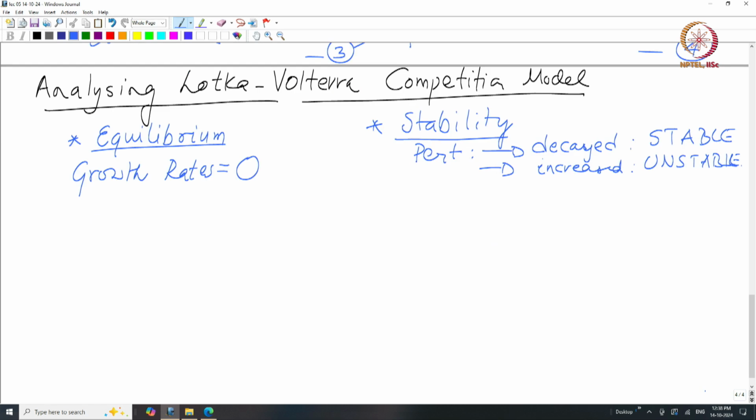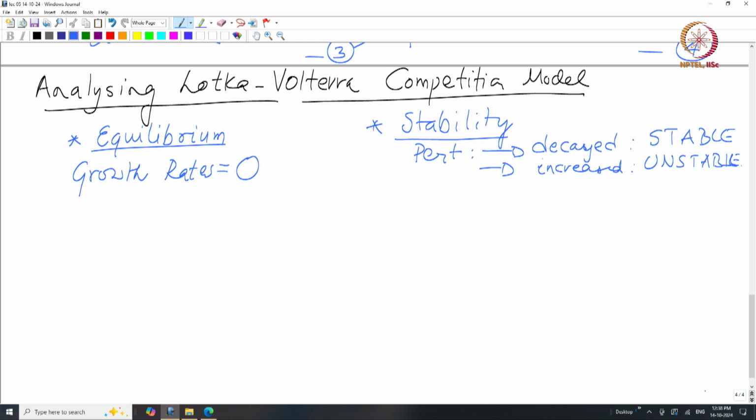So, we are going to apply the same principles to understand the equilibrium and stability for the Lotka-Volterra equations. Okay. And we will also try to argue intuitively and make sure that the mathematical results are meaningful along the process. Okay.